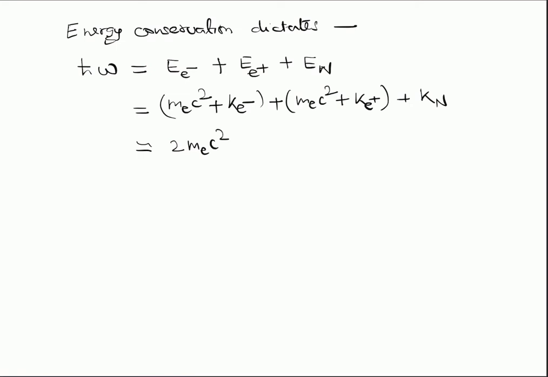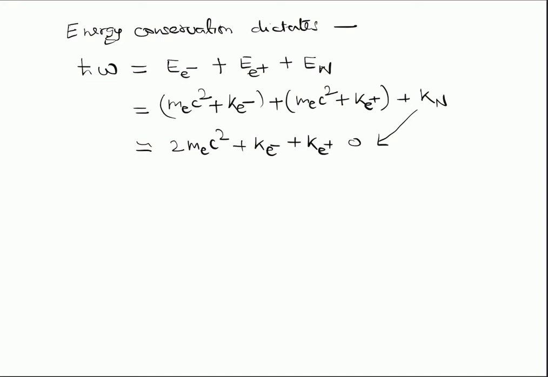Here we are keeping the kinetic energy of the nucleus almost zero, as the nucleus is very massive compared to the electron and the positron.